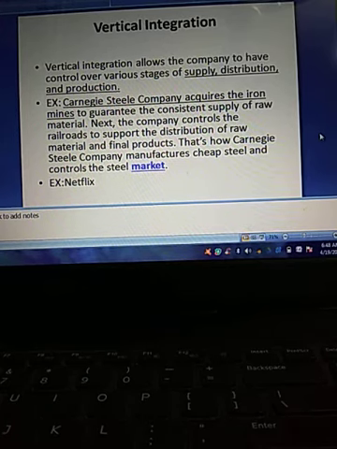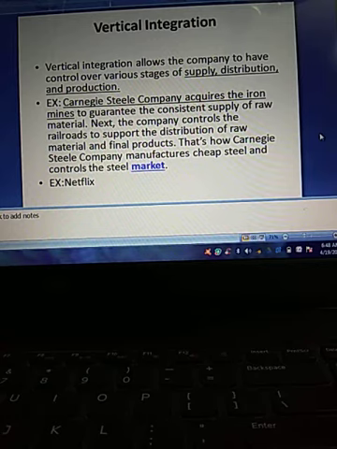So generally vertical integration means, again here, the clubbing of two businesses. But generally vertical integration will be in the forward direction or in the backward direction. In the forward direction, the business takes care of those companies which are one step ahead.